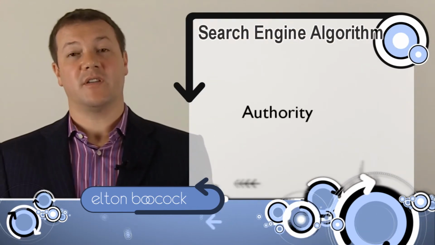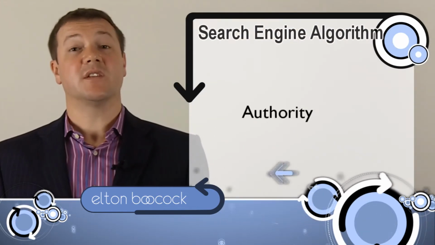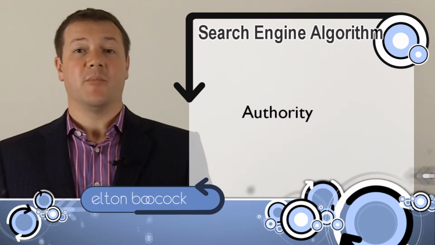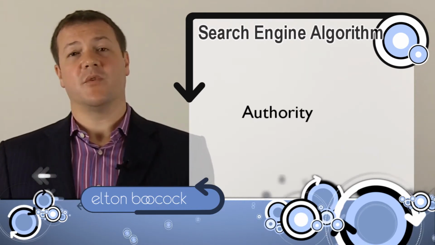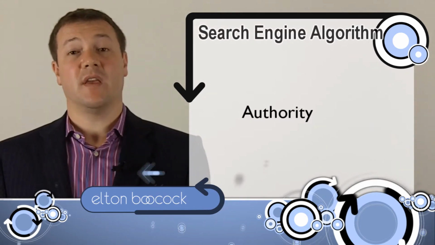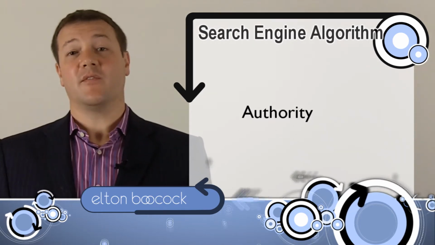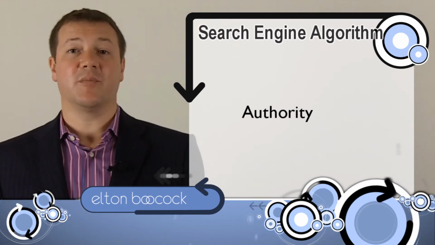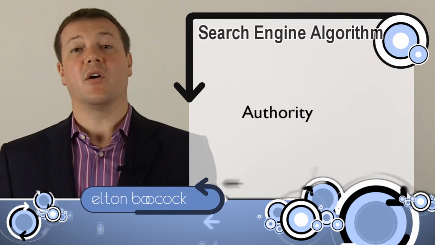The next thing that we talk about is authority. So the search engines are looking at, well, who links to this particular website? Because of course what the search engine wants to do is let the millions of users of the internet start voting for pages and telling the search engines what they believe to be good value content.